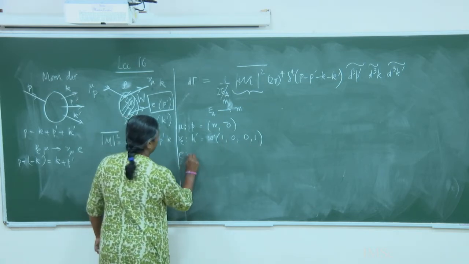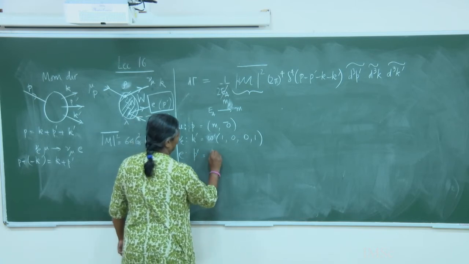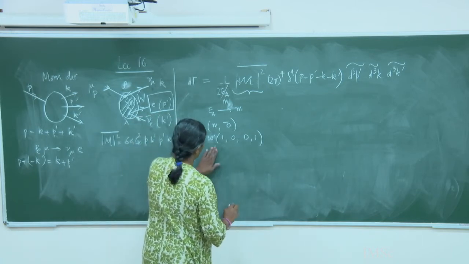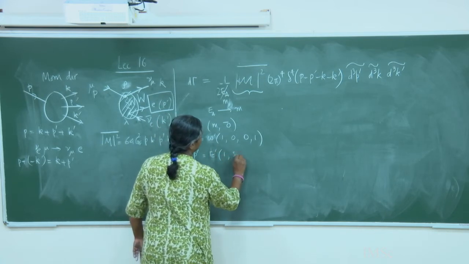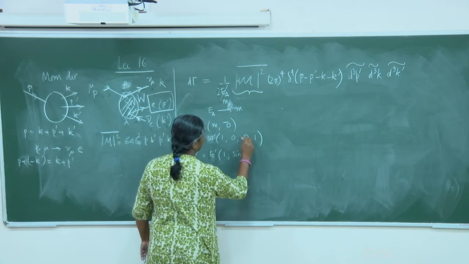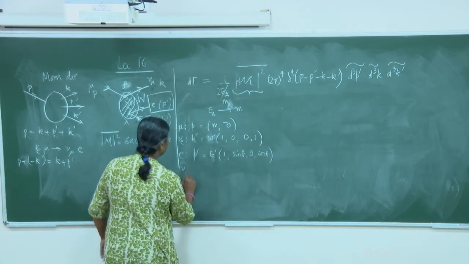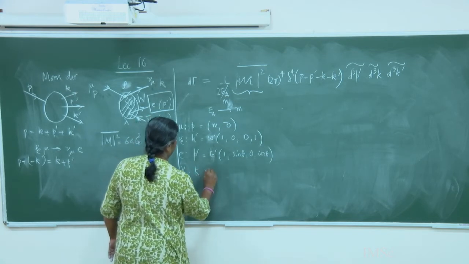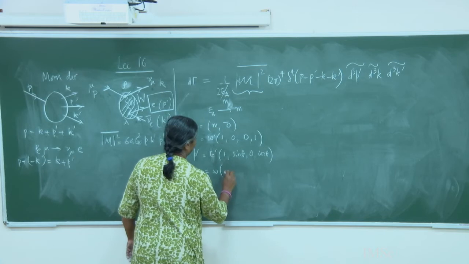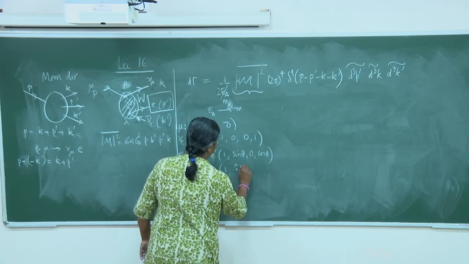Now I want the electron, which also is massless, so I can just call it E prime, and it is at an angle theta with respect to this z axis. And our final particle, which was k, let us call it omega, and then it has all these objects. So let me just call it n prime.